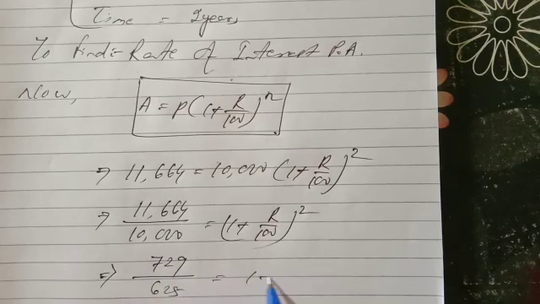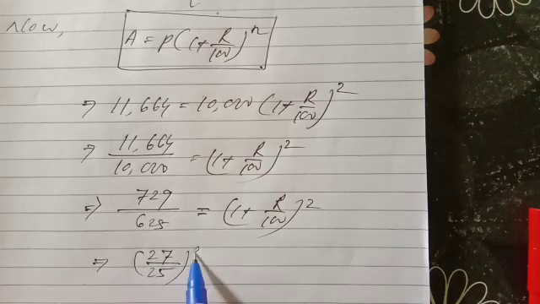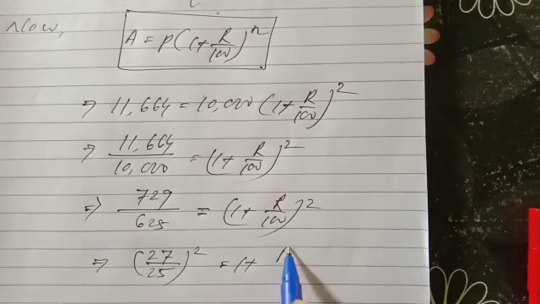The main thing is 729 is 27 whole square, and 625 is 25 whole square. So (27/25)^2 = (1 + R/100)^2.